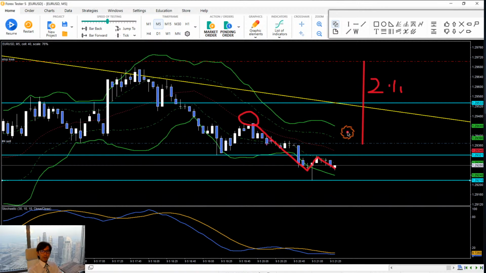But by dragging the stop loss level to the previous high like this, your risk percentage will decrease. This is going to be less than 1% risk per trade. This is maybe like 0.7 or 0.8% of risk that you're taking right now.